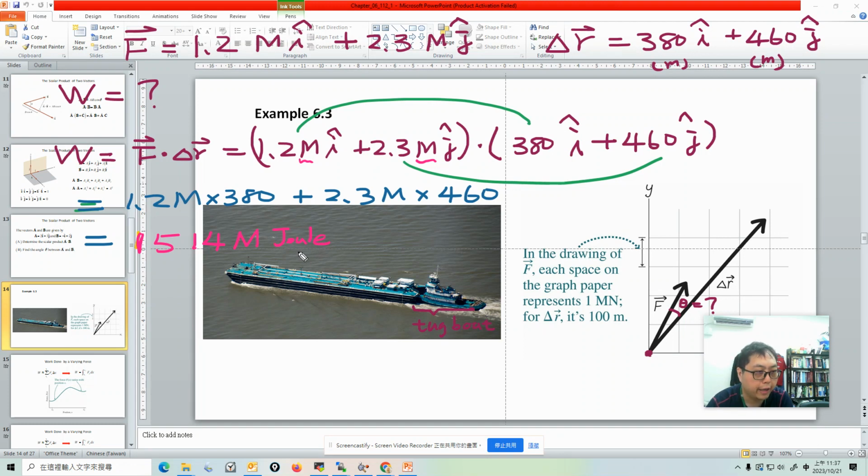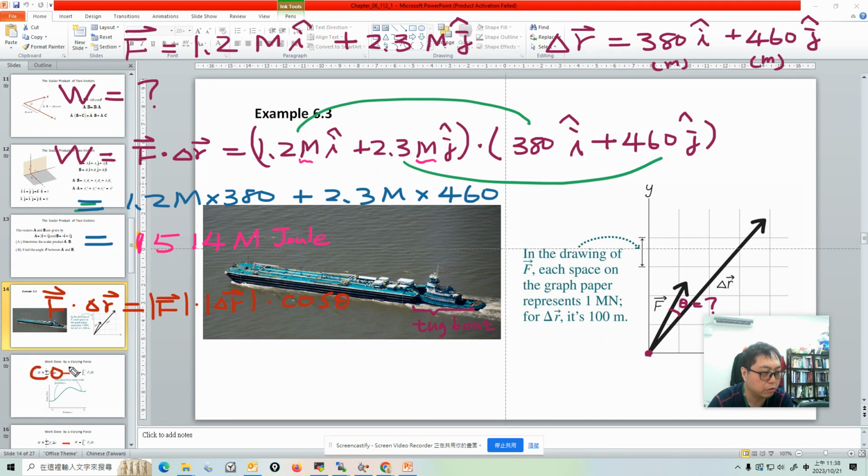The other problem is you want to find the angle between the force vector and the displacement vector. So we have to use another definition of dot product. I hope you remember that. F dot delta r is equal to the magnitude of force times the magnitude of the displacement vector times cosine theta.